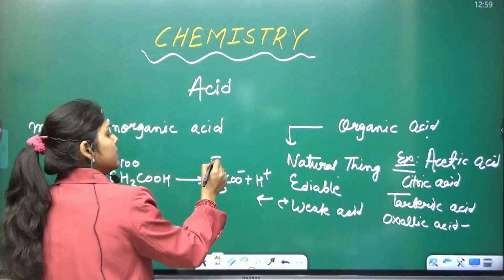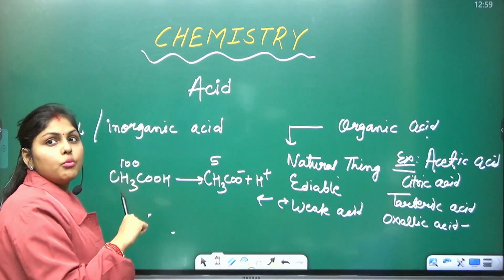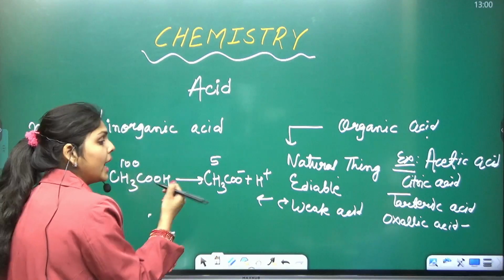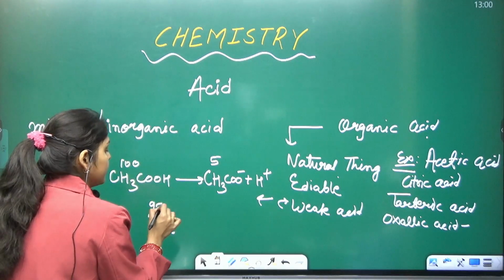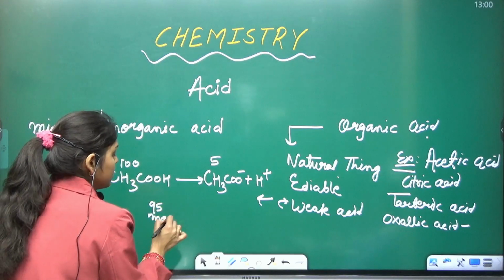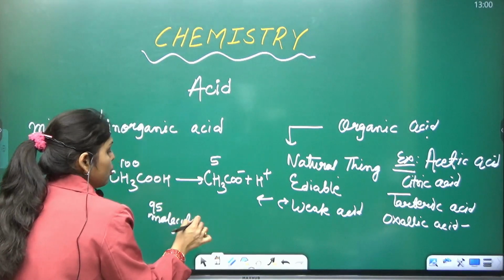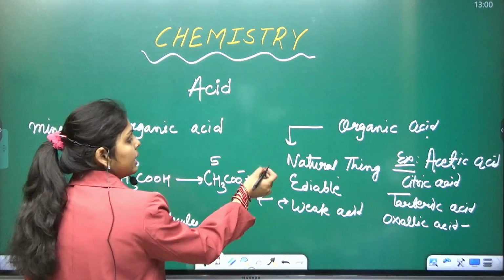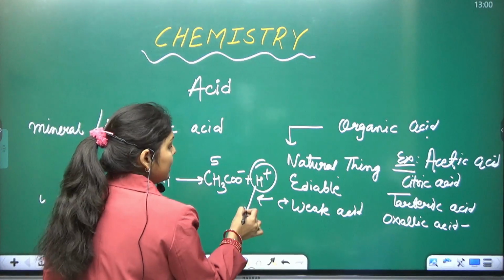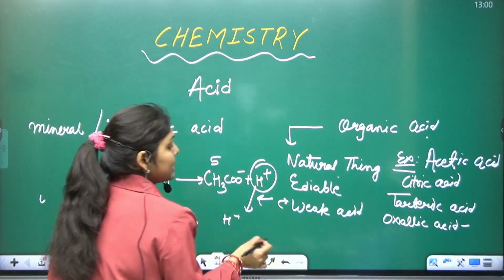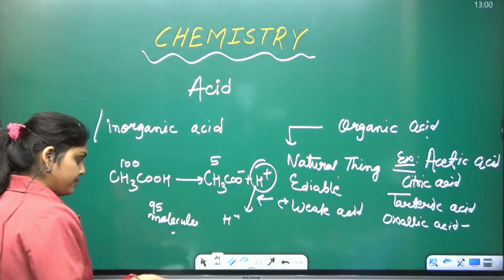Only 5 in these 100 molecules will be ionized, and 95 remain as molecules. So when dissolved in aqueous solution, they give a very small amount of H plus ion. That's why these are called weak acids.